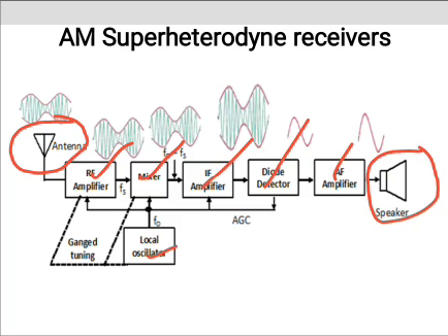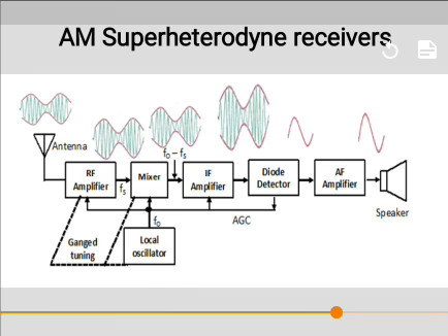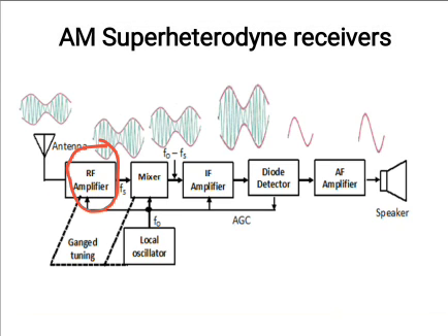In the superheterodyne receiver, the incoming signal to the antenna is filtered to reject the image frequency and then amplified by the radio frequency amplifier. This amplifier can be tuned to select and amplify a particular frequency Fs.